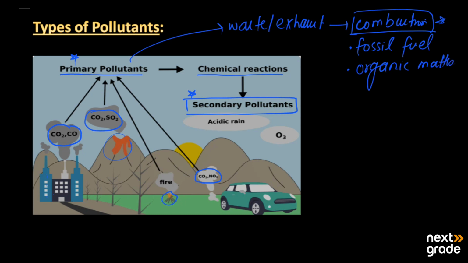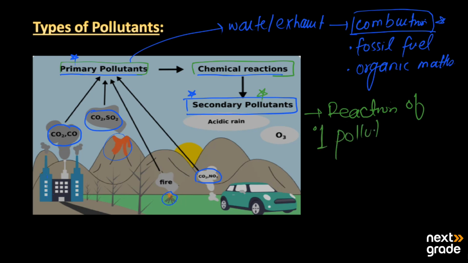Now when we talk about secondary pollutants, when the primary pollutants react with the air, they produce simple chemicals. These are known as secondary pollutants, basically produced by the chemical reactions of the primary pollutants.